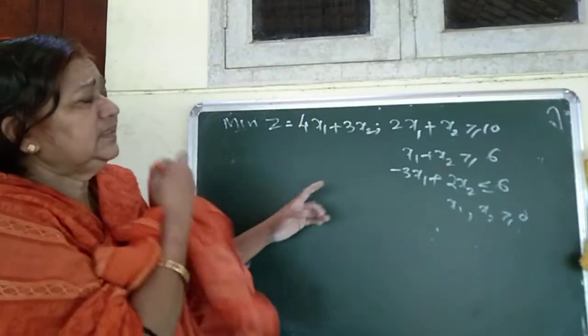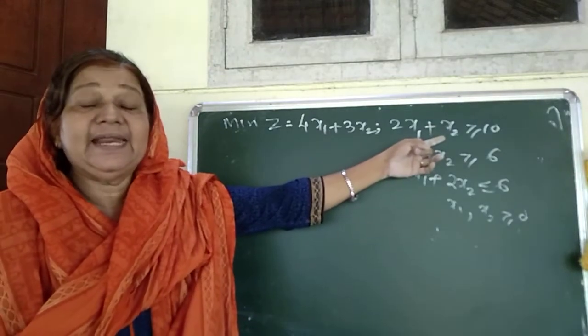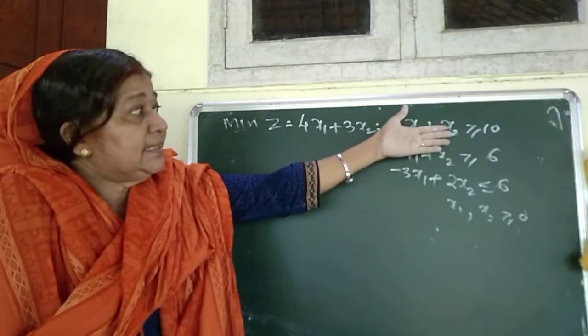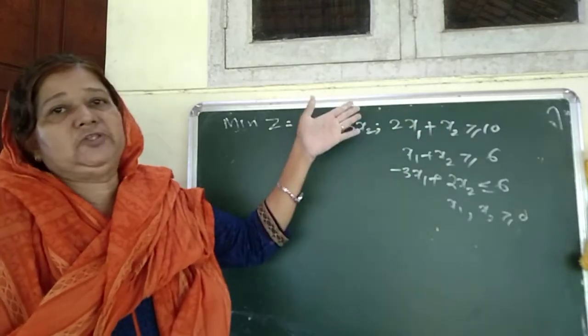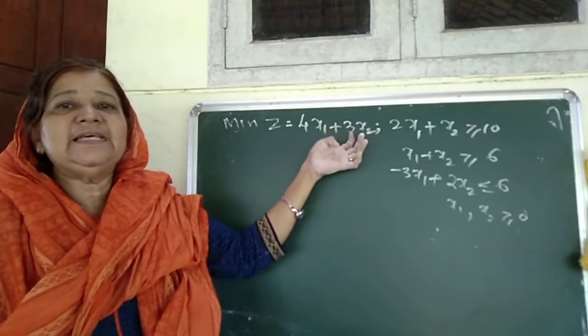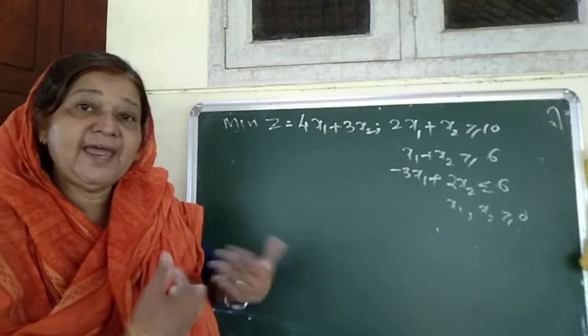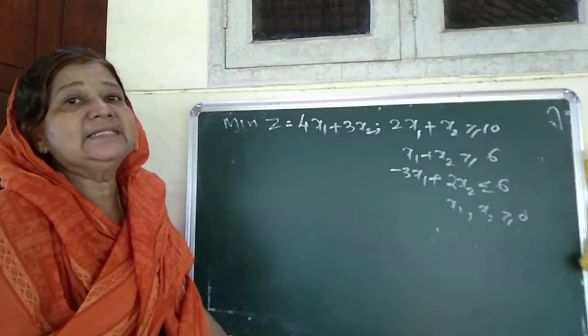Here, these two constraints are greater than or equal to. So we have to make these constraints equalities. We have to subtract a positive quantity. That variable is called a surplus variable. If we add a positive quantity, that is called a slack variable.